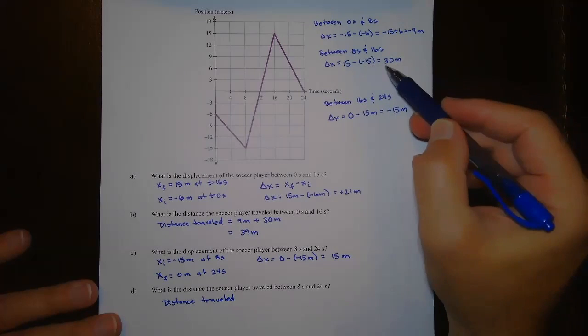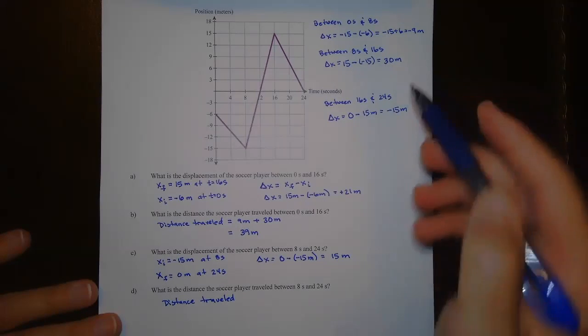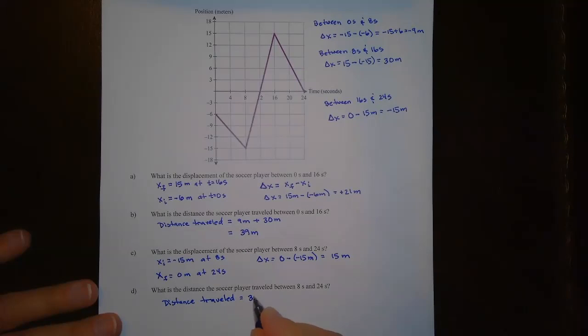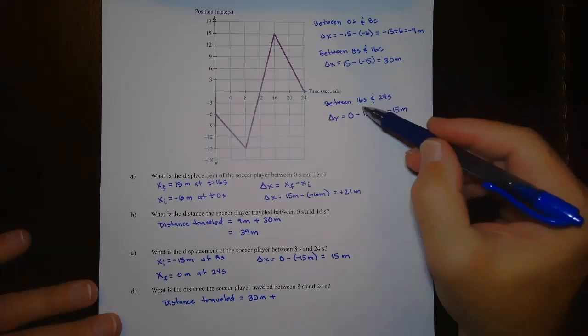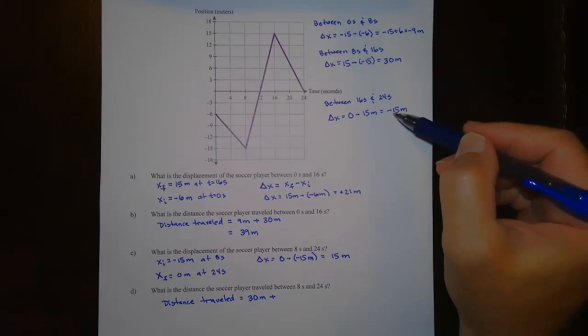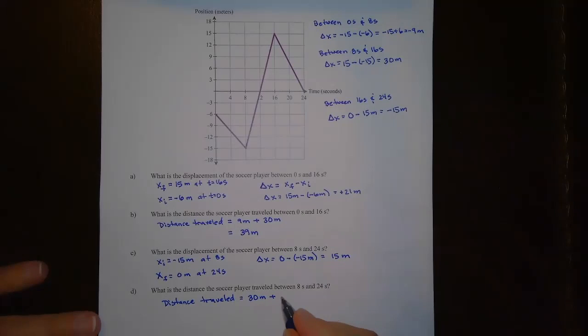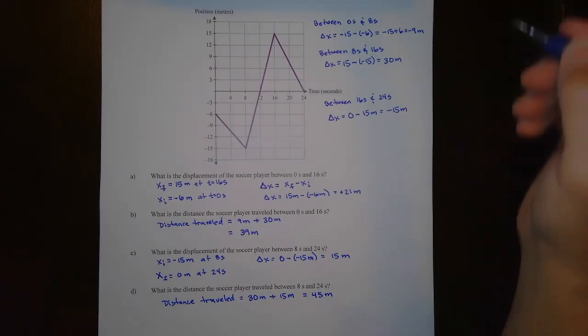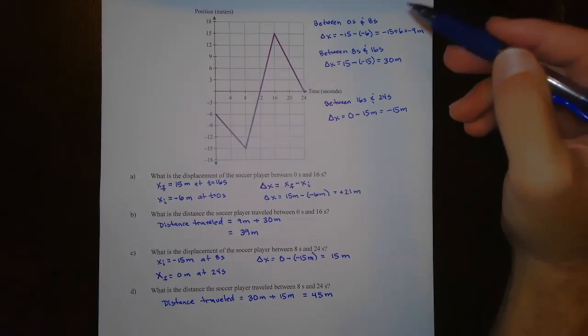So between 8 and 16 seconds, he moved 30 meters. So that'd be 30 meters plus, how far did he go between 16 and 24? And he went 15 meters in a negative direction, okay? So that'd be plus 15 meters. And that would give you 45 meters. And that's how far he traveled, okay?